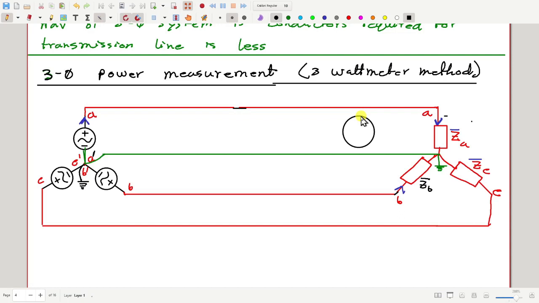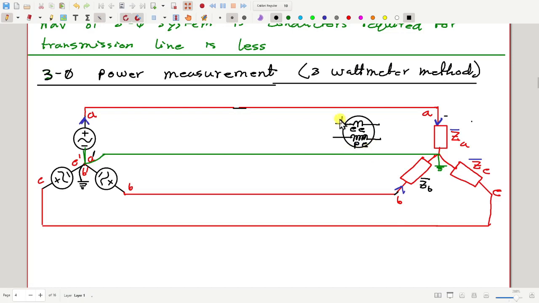How many coils or how many terminals does a wattmeter have? Four. Yes. It has 2 coils or 4 terminals, one coil for measuring the current, which we call current coil, another for measuring the potential difference, which we call pressure coil or PC.